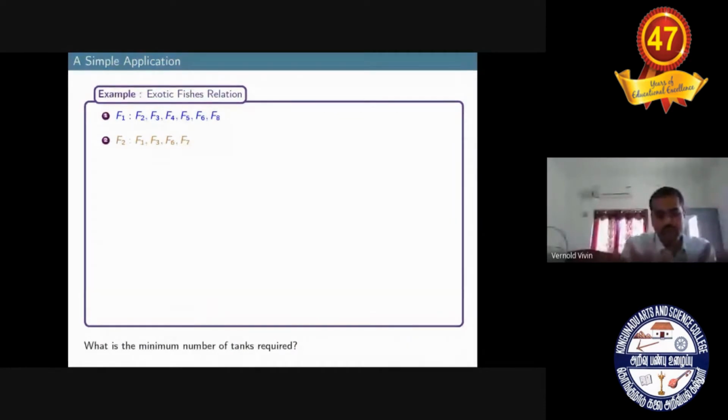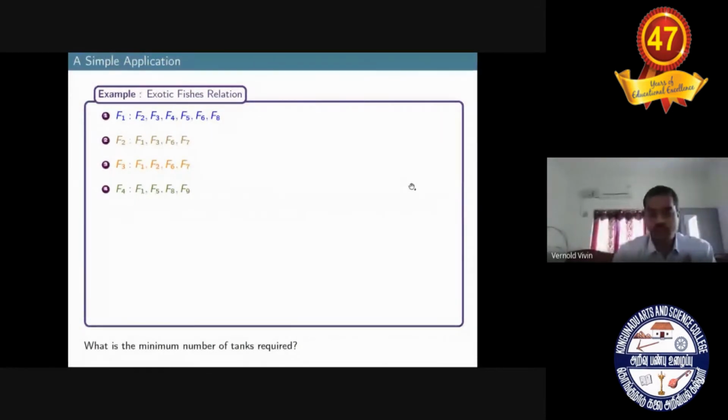These are the different classifications. Similarly, fish 2 cannot be placed with F1, F3, F6, F7, and it goes on for all 9. F3 cannot be placed with these 4 types of fishes. F4 cannot be placed with 1, 5, 8, 9.